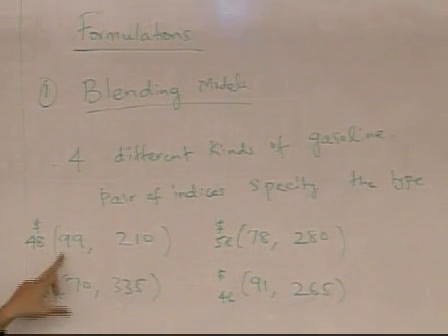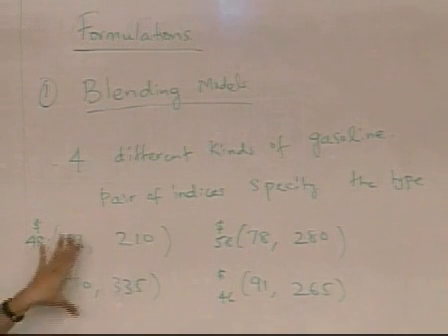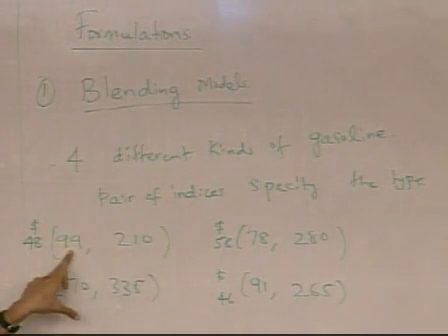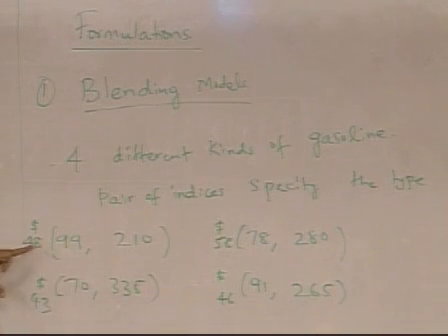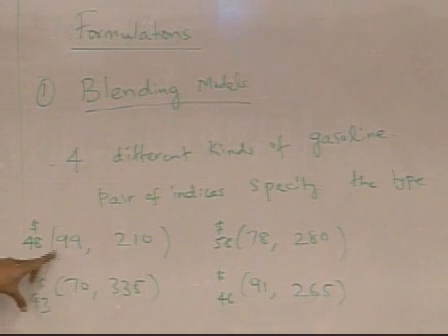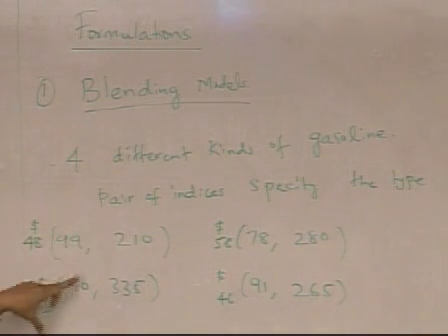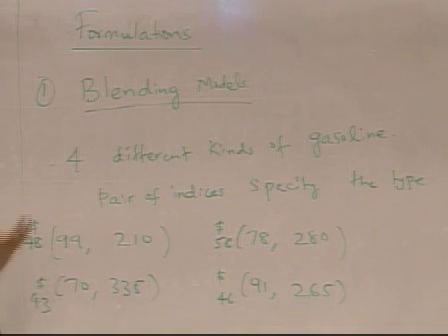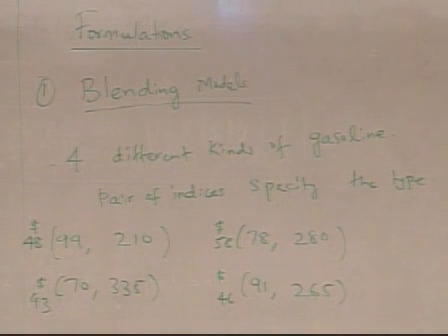If you combine equal parts of these 2 things, you'll get just a simple average of these 2 numbers. If you take 2 units of this and a unit of this, you will get 2/3 of this contribution and 1/3 of this, and so on. So is that clear? This is how most blending problems are formulated.